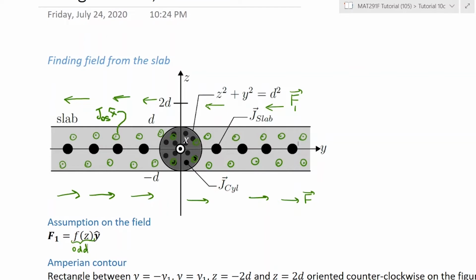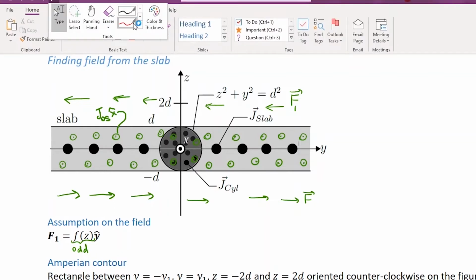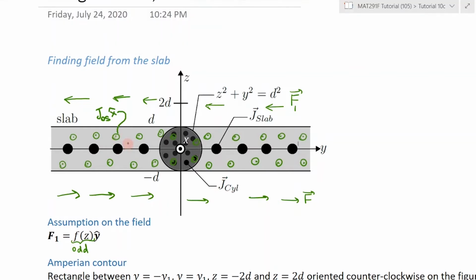Let's set up the Amperian contour. This is what we'll use to apply the Stokes theorem. Let's make the contour a rectangle, set up in a way that captures the current density.